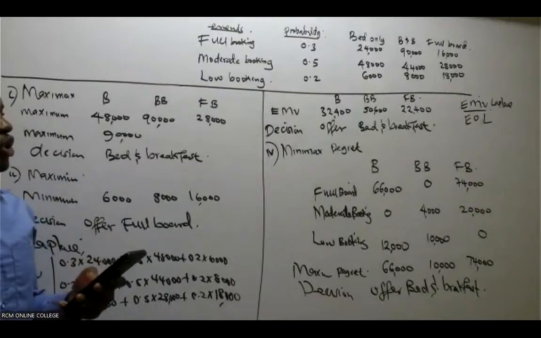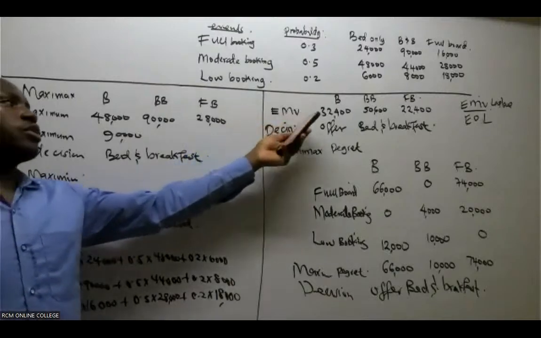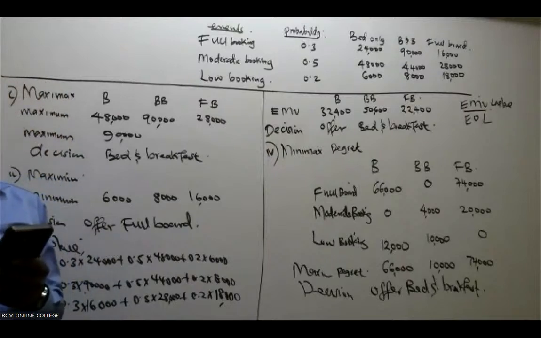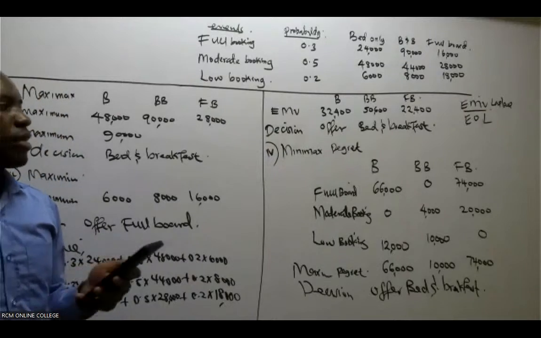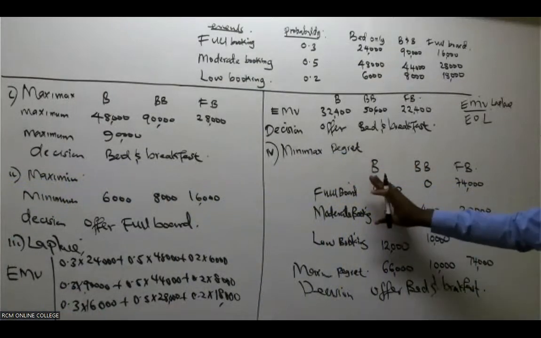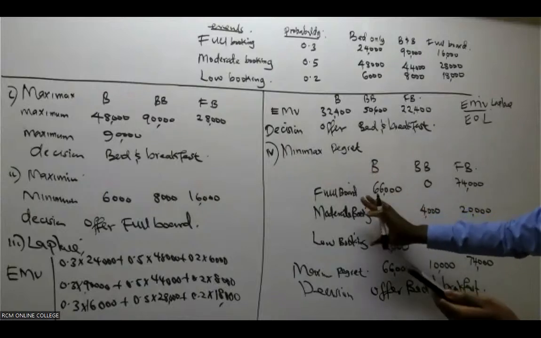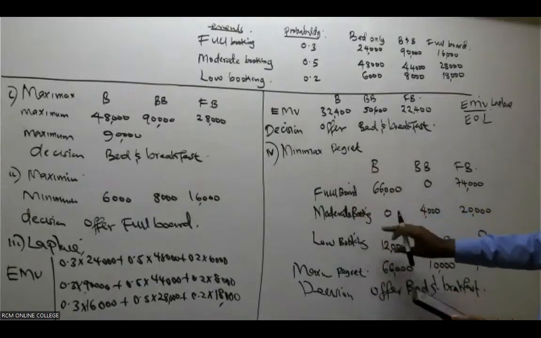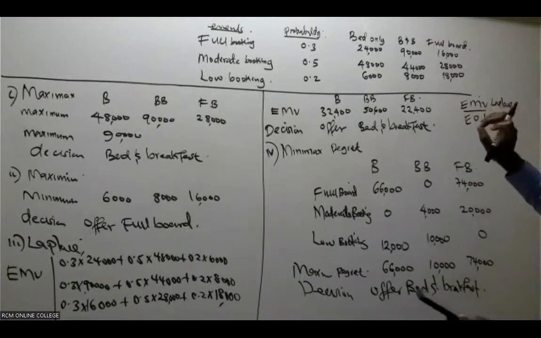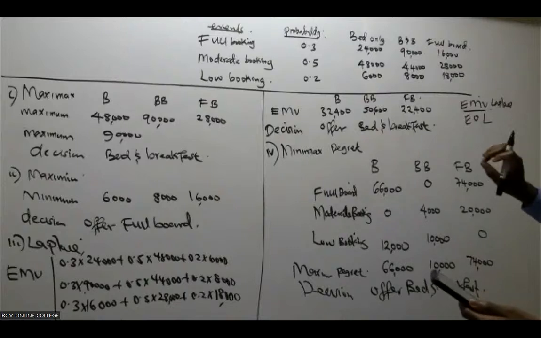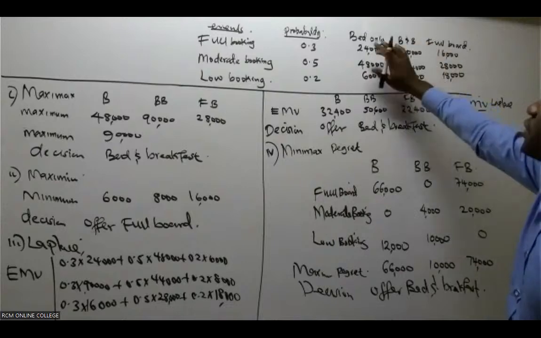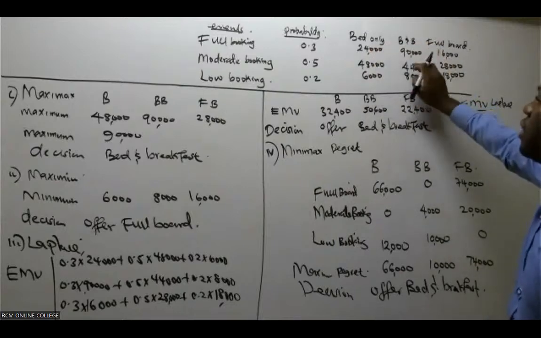Good. Now, opportunity loss. We've already calculated expected monetary value. How do we get opportunity loss? It is maximum payoff minus payoff under each alternative. And that's what we've calculated here. Expected opportunity loss is basically maximum payoff. We're looking at the maximum payoff, for example, this one here, minus payoff under each alternative.